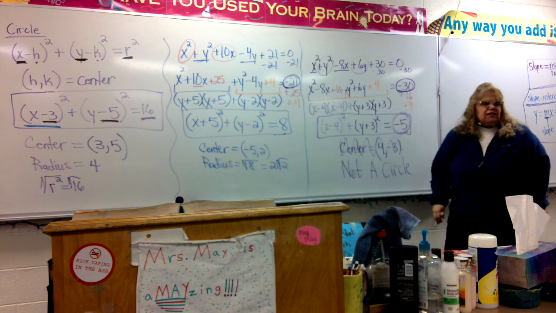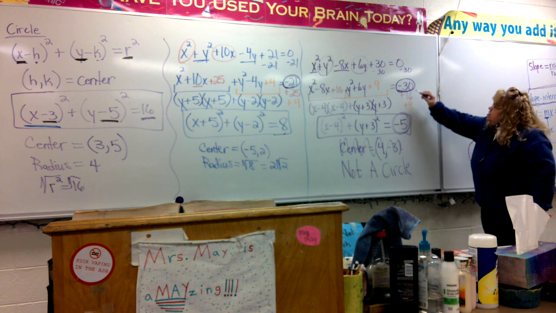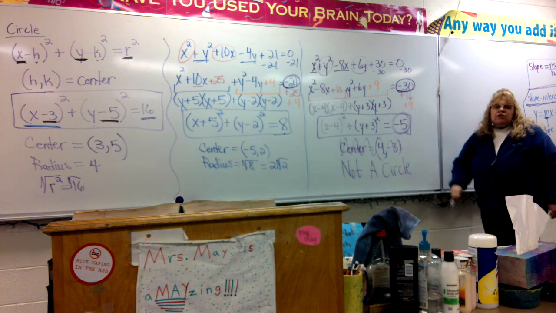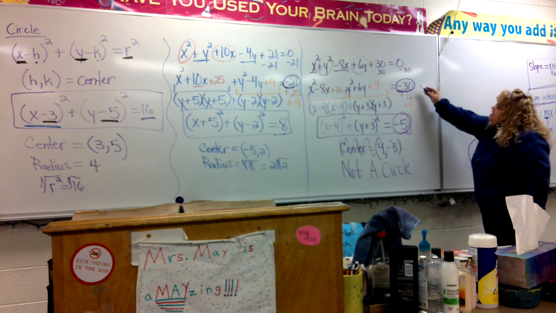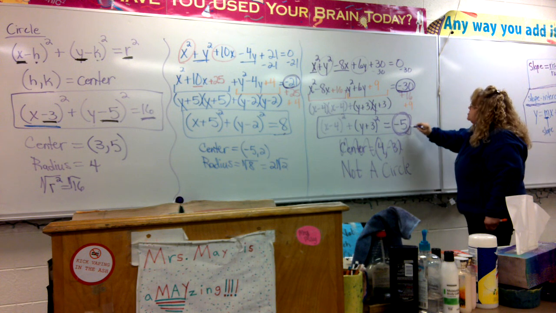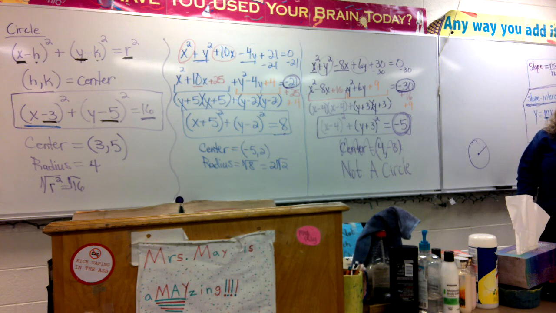So unfortunately, there's no way to know ahead of time until you complete the square twice. There's no way for you to know until you add everything whether or not you're going to have a positive value there. So yes, you have to do the work. You have to complete the square twice and then add it up and see if it's positive or negative. If it's negative, it's not going to be a circle.